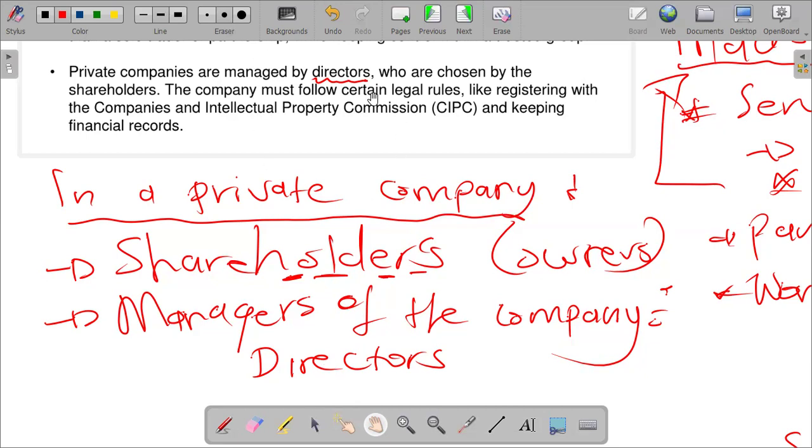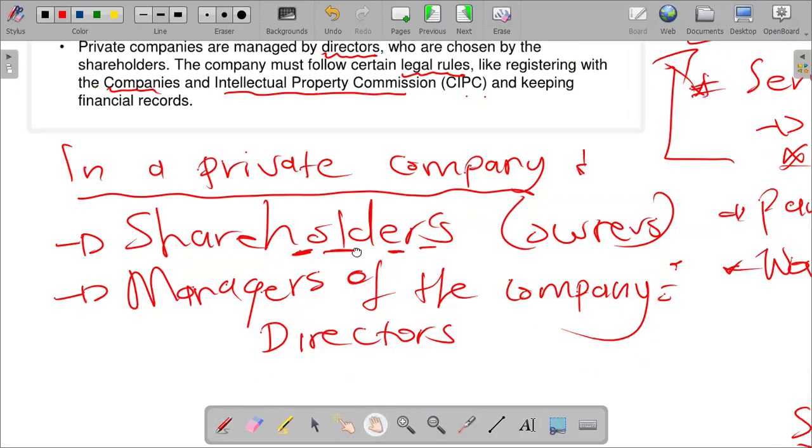And they must make sure that they follow certain legal rules. The private company must be registered by the Companies and Intellectual Property Commission, the CIPC, and keep financial records. Who is responsible for all these matters? The directors.